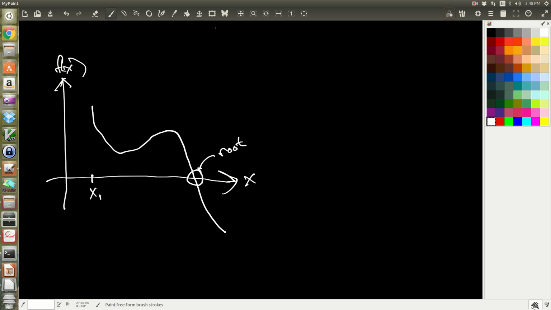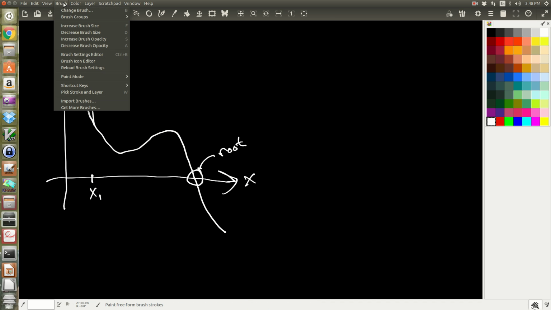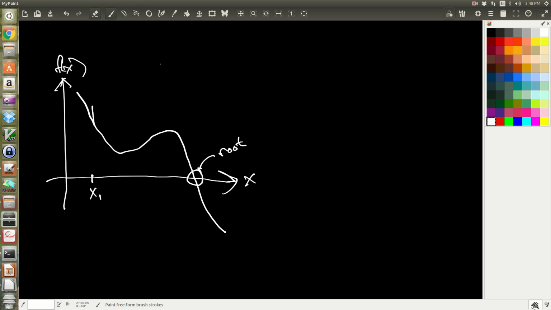Let me draw this function out a little bit more and see if I can erase this. Hold on, let me just increase my brush size here.